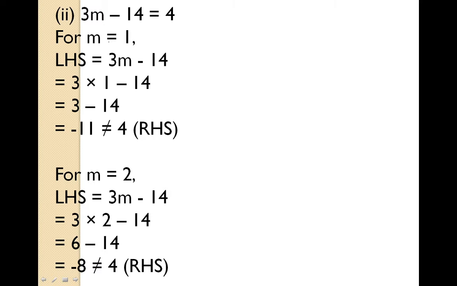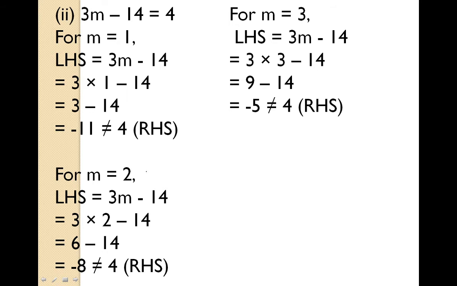And if we substitute the value 2, we get LHS 3m minus 14, that is 3 into 2 minus 14. So 3 twos are 6, minus 14. So negative 8 is not equal to 4, that is RHS. For m is equal to 3, if we substitute the value of m in the equation, we get 3 into 3 minus 14, that is 9 minus 14.